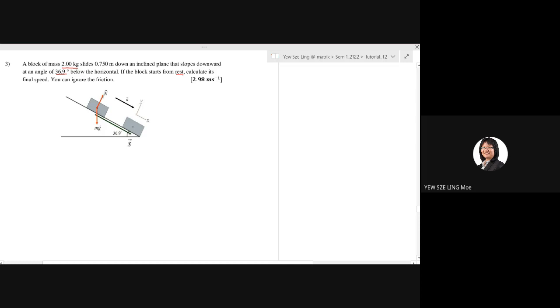So what is the information that we have right now? Again, we have this diagram. Now try to recall what is the force that causes our object to slide down.